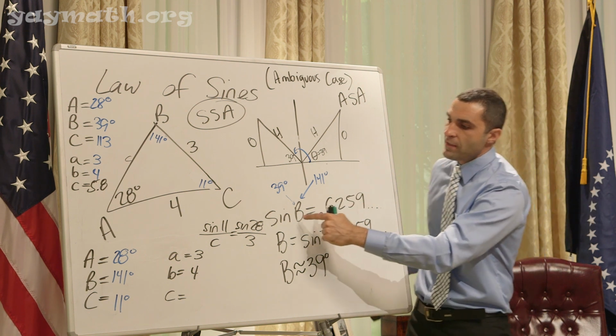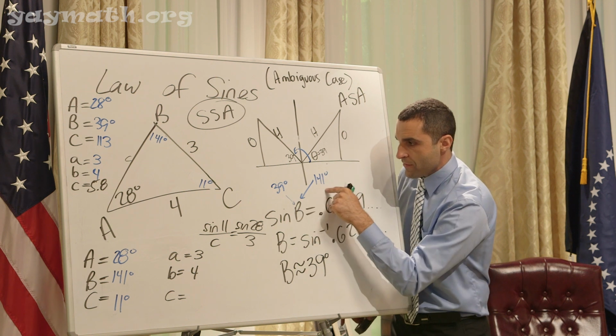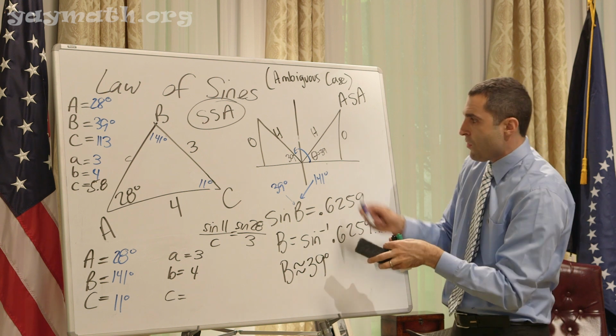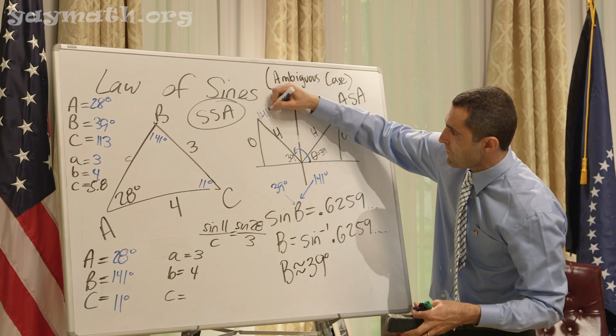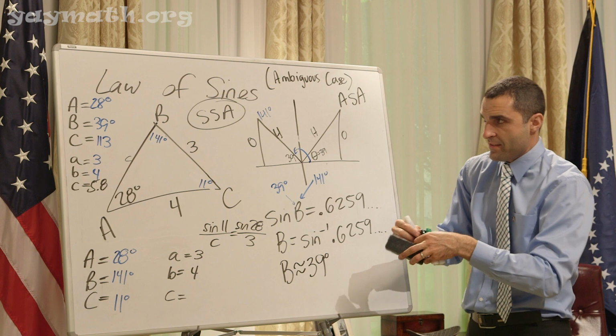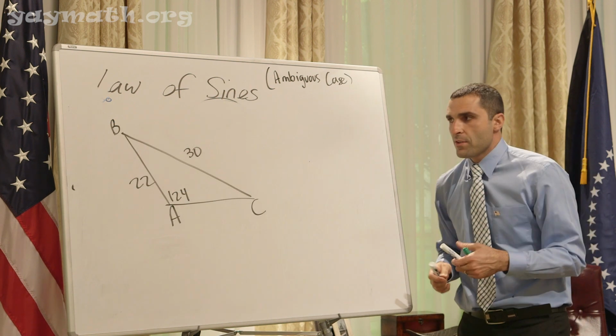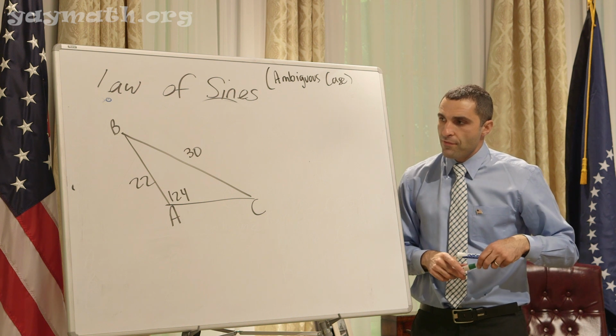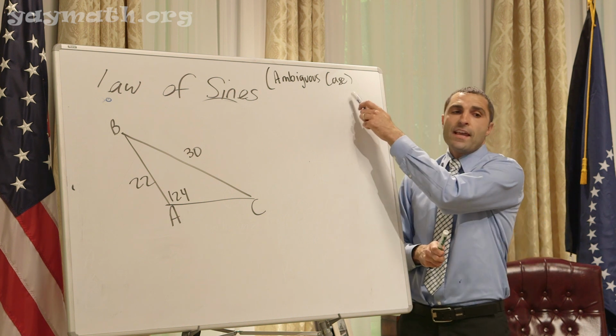The only thing you acknowledged is if B could be something else, either 39 or 141. And you'll see how well that sticks on this next problem. All right, once you draw that down, then ask yourself, is this an ambiguous case?